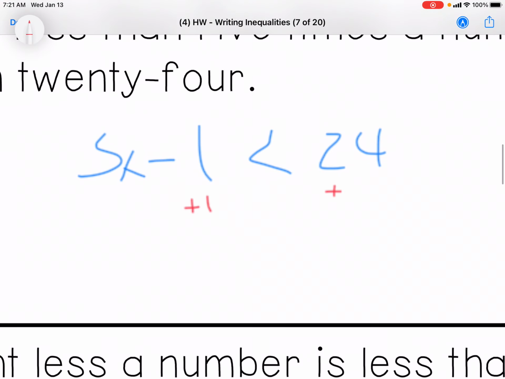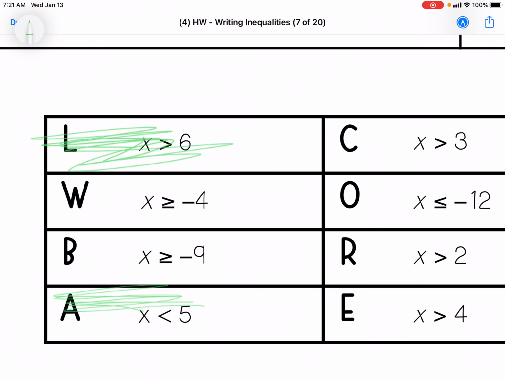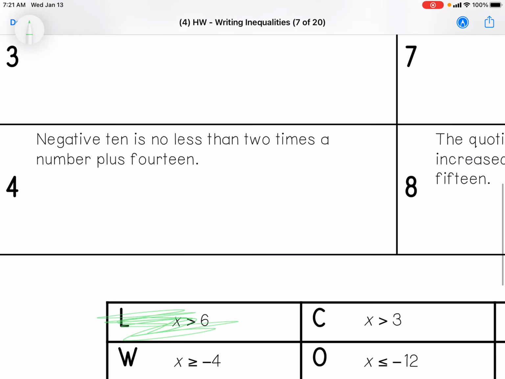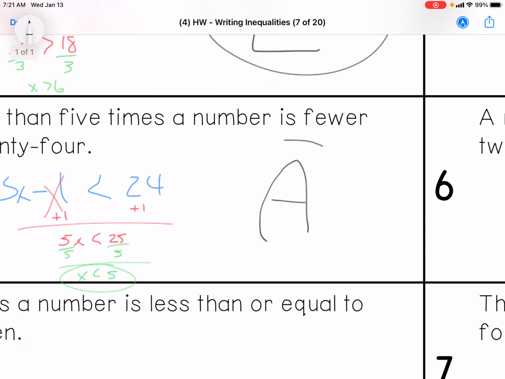Add 1. 5x less than 25. Divide by 5. X is less than 5. Go down here, and I believe that is A. So go back up. Put your A right there.